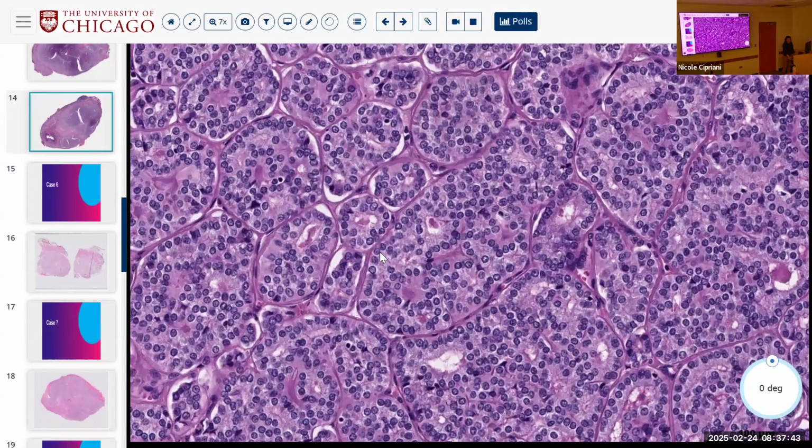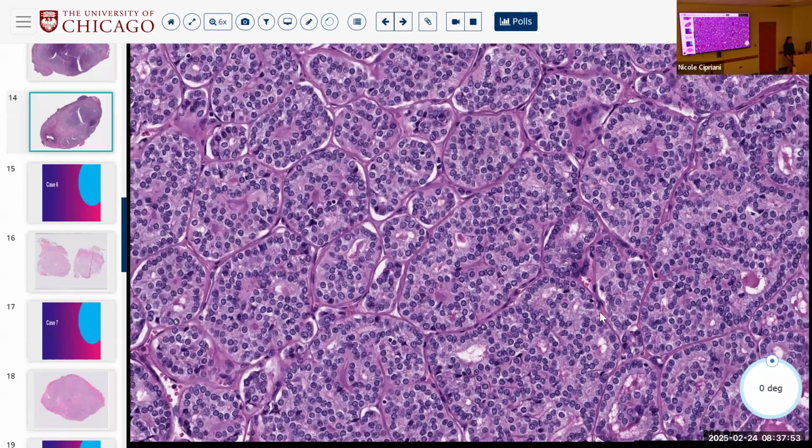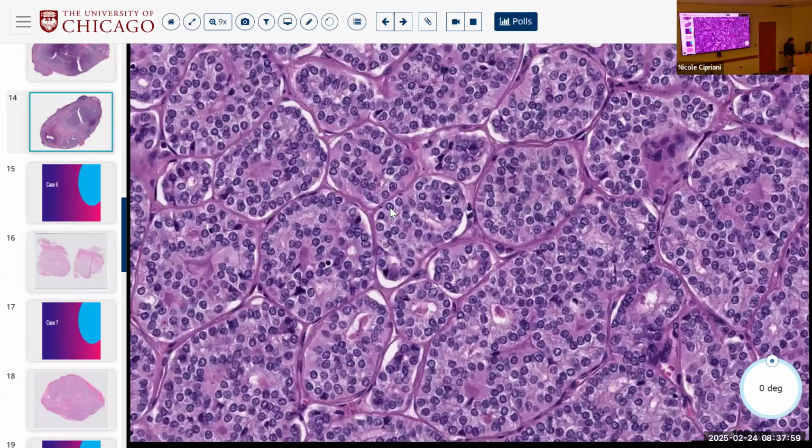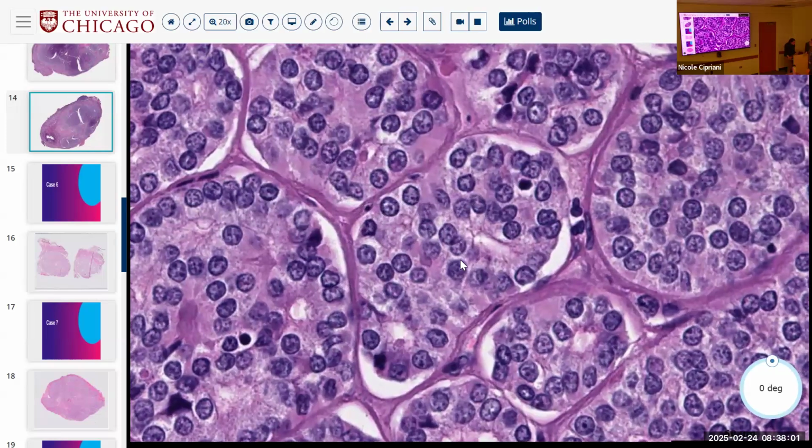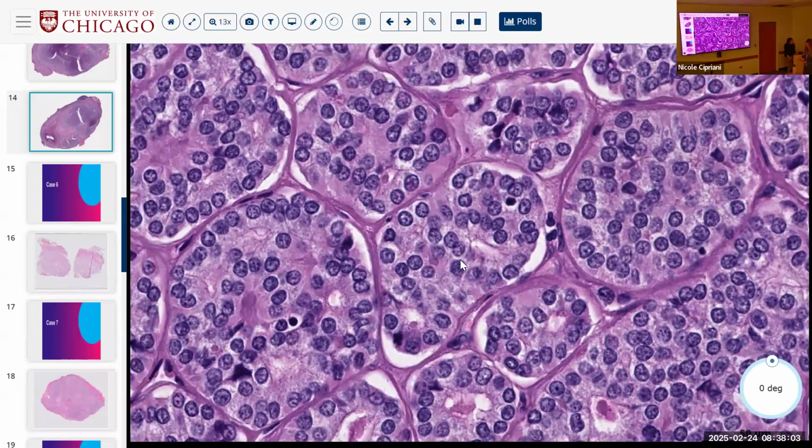Of the entity, not the mutation. Ah, you're thinking medullary. Okay, so it could be a medullary pattern, although arguably medullary tends to be more solid without these overt follicular or papillary structures.